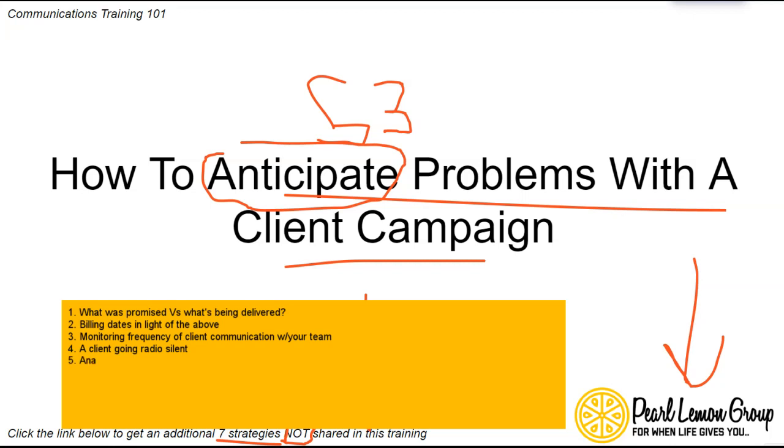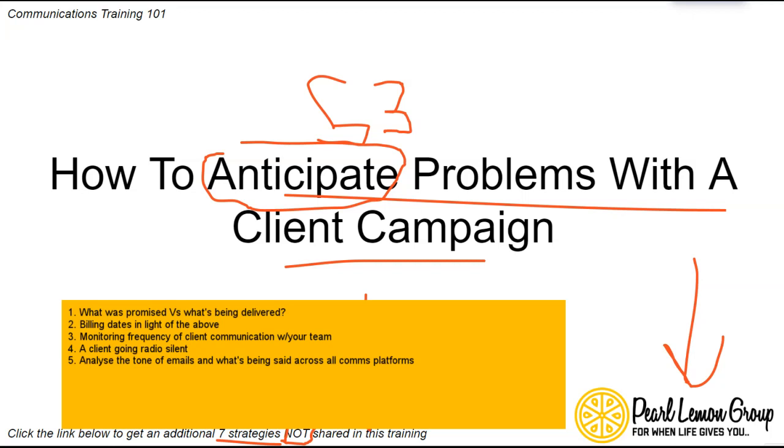The next thing is to analyze the tone of emails and what's being said across all comms. So fundamentally, another way to anticipate problems is analyzing the tone of emails to understand how someone writes, whether they're annoyed or what kind of person they are.